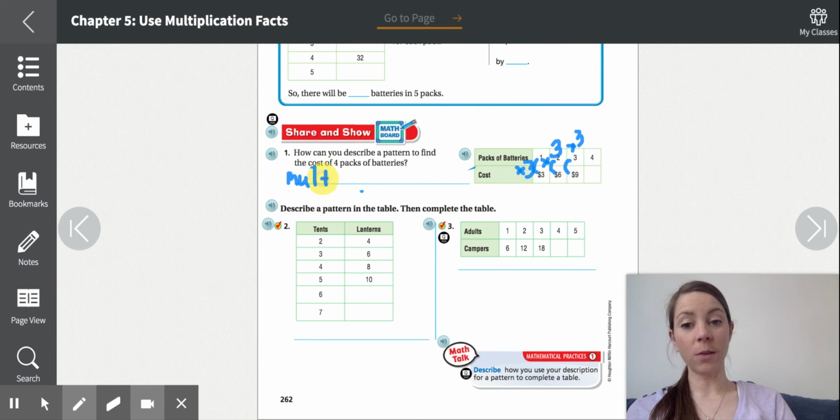I need to tell some words in here so I know what I'm supposed to multiply by 3. So look at the number that we're multiplying by 3. It's this top number, right? 1 times 3, 2 times 3. And what are these top numbers counting? The packs of batteries. Multiply the packs by 3 is what you should have had as the other option for a pattern.